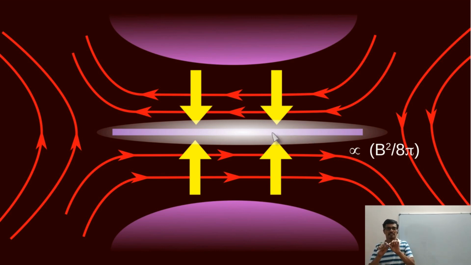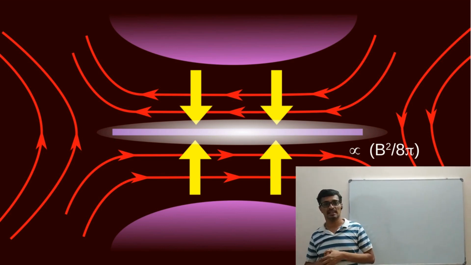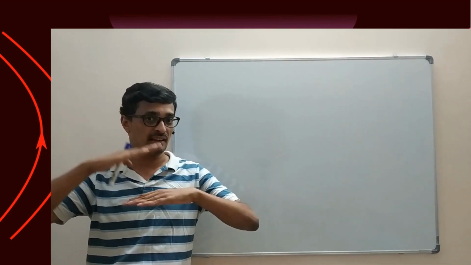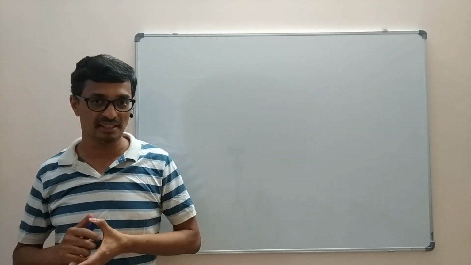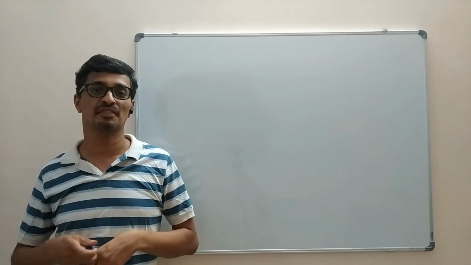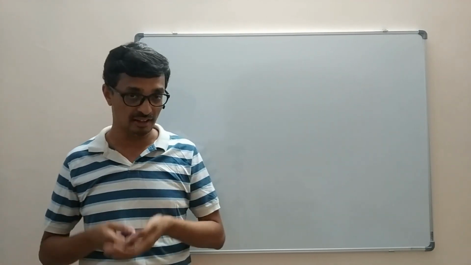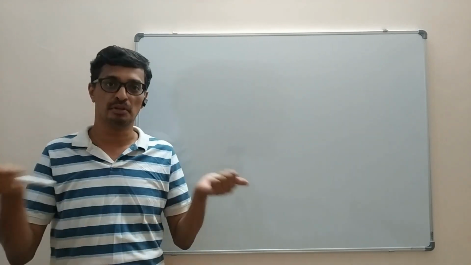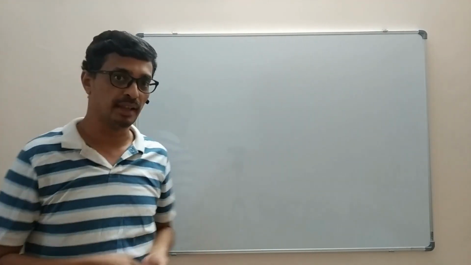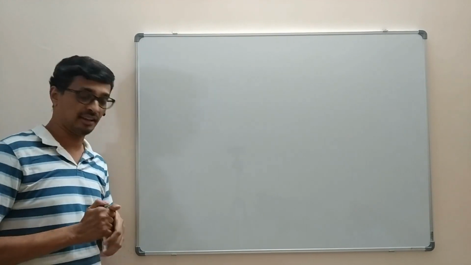So you have an energetic plasma flowing along the neutral sheet. This process in which the magnetic field lines are annihilated and then restructured is called magnetic reconnection. In all magnetic reconnection there will be a loss of magnetic energy density, and that energy is dumped into the particles, and that's how the particles are accelerated at the magnetic reconnection.